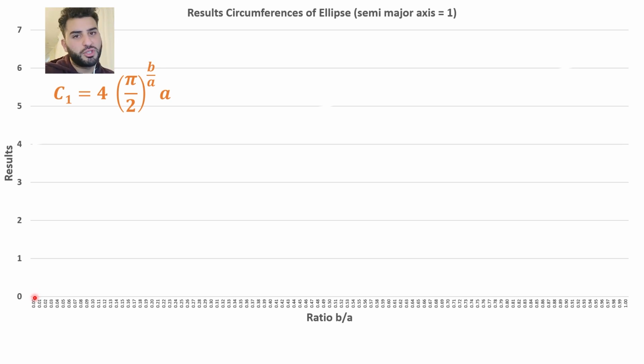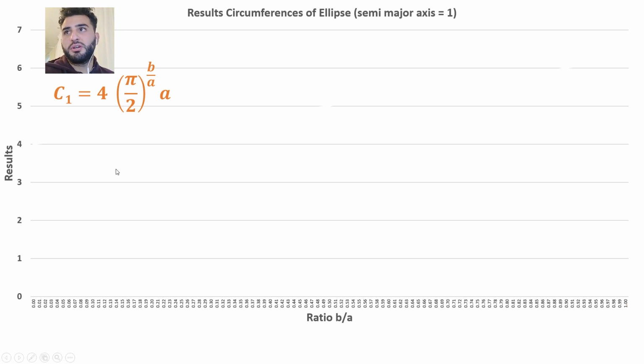A flat ellipse doesn't really exist, okay? I'm using it for my demonstration, but it's just a concept. So from a flat ellipse where b over a is equal to 0 until a circular ellipse, so a circle, where b over a is equal to 1, so the semi-minor axis b is equal to the semi-major axis a, so it's a circle.